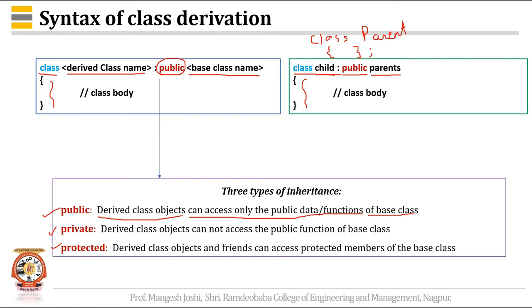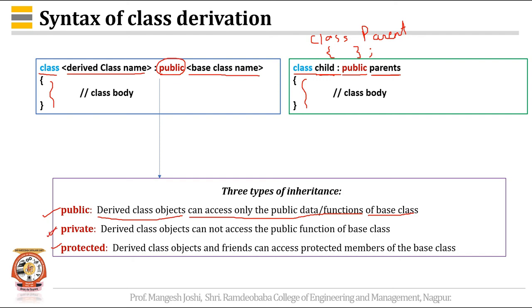Suppose you have derived a child class from the class parents, then the public data of the parent class will be accessible using the child class objects. We will be seeing this in detail with the help of an example.